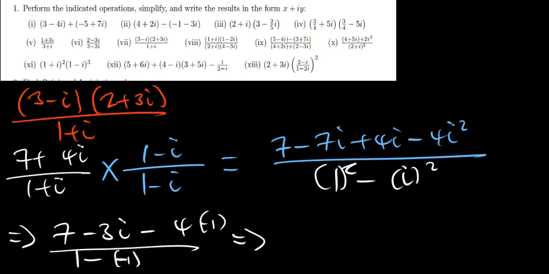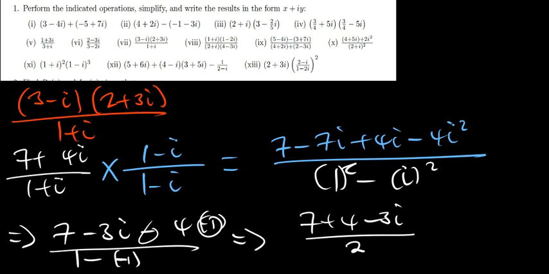So we'll go there and say this is going to be 7 plus 4, because of this negative here and that negative will give plus, minus 3i. Divide this by, down part will have plus, so it will be 1 plus 1 is 2.